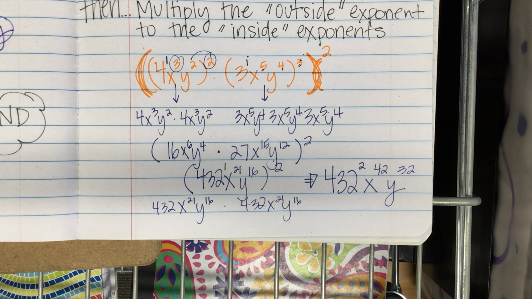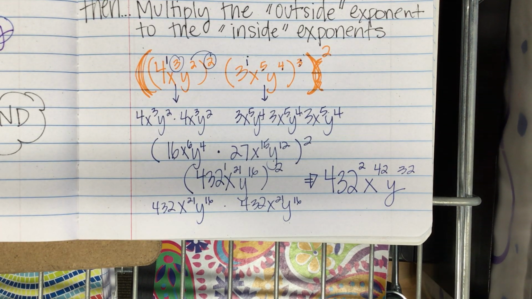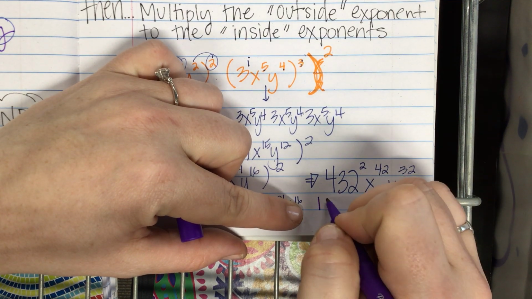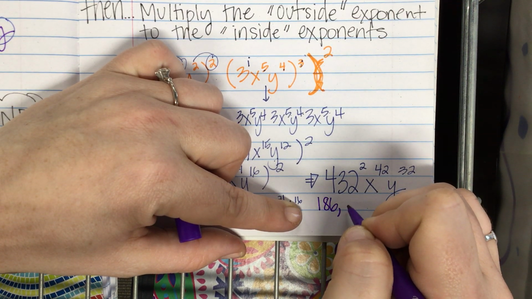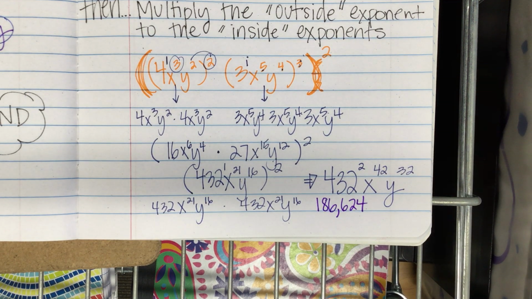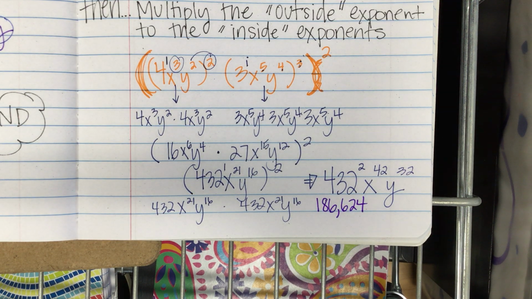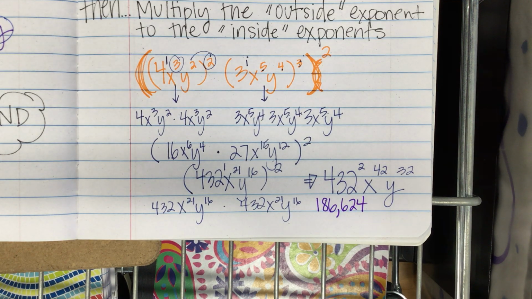What is 432 squared? 186,624. Say it again. 186,624. Phoebe did that in her head. Don't worry, guys, I used a calculator. Okay, so multiply. Yes? There are some tricks.